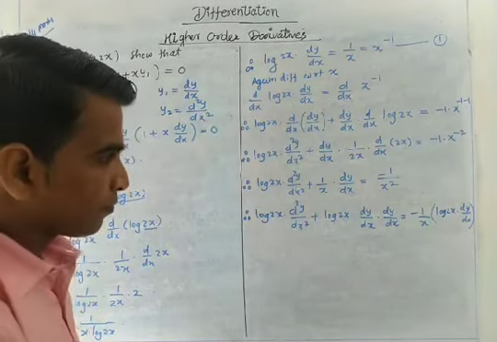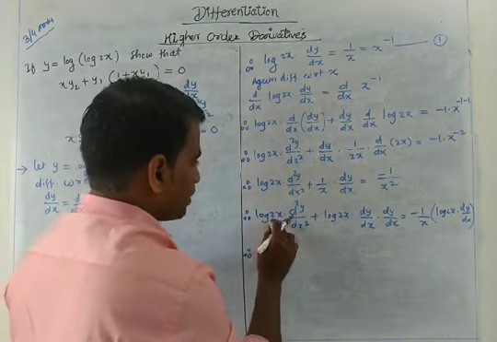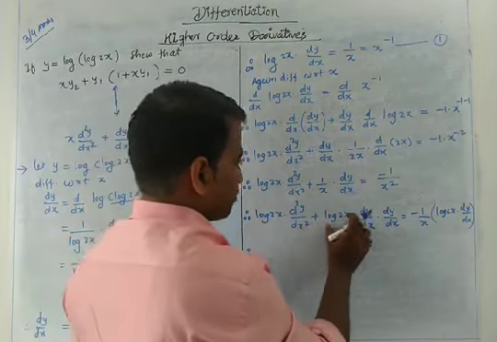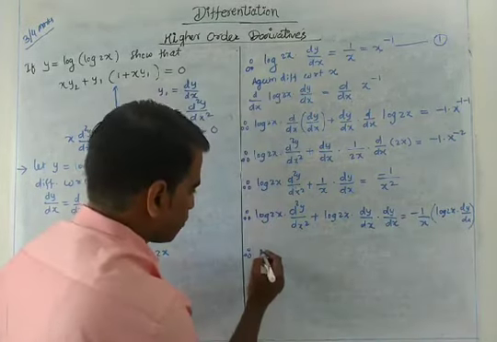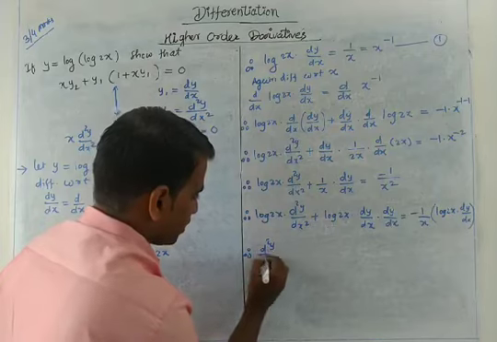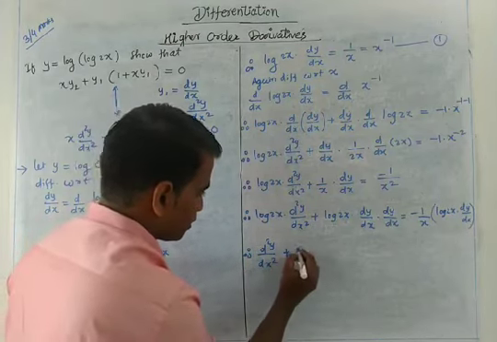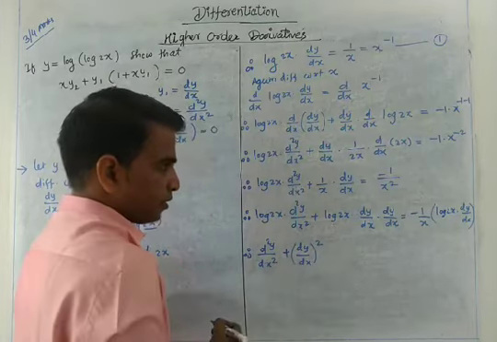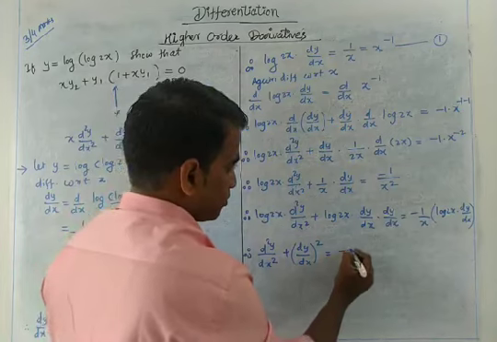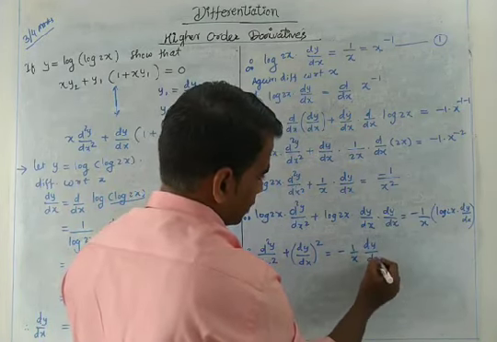Okay, clear? If we check, log 2x is common in the first term, the second term, and also on the right hand side. So log 2x easily gets cancelled from both sides. So the remaining value is d square y upon dx square plus dy by dx whole bracket square is equal to minus 1 upon x dy by dx.